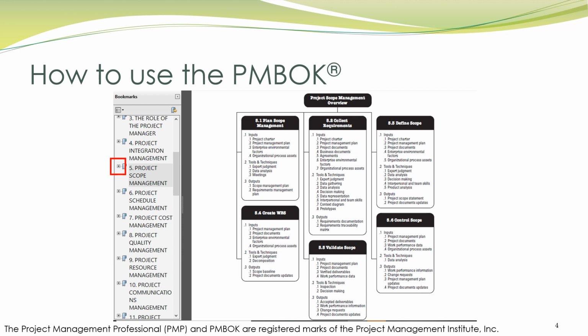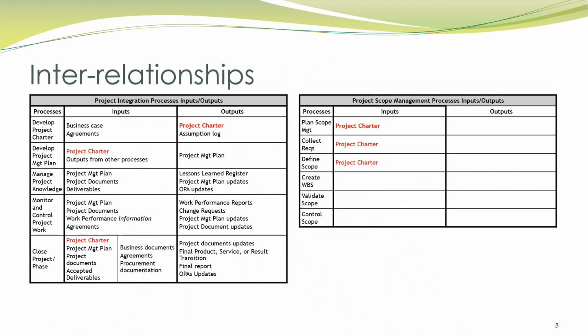Now let's look at these process inputs and outputs and see how they interact. First, let's take a look at the project charter. It is an output of the develop project charter process, but the project charter doesn't just sit there, so to speak.